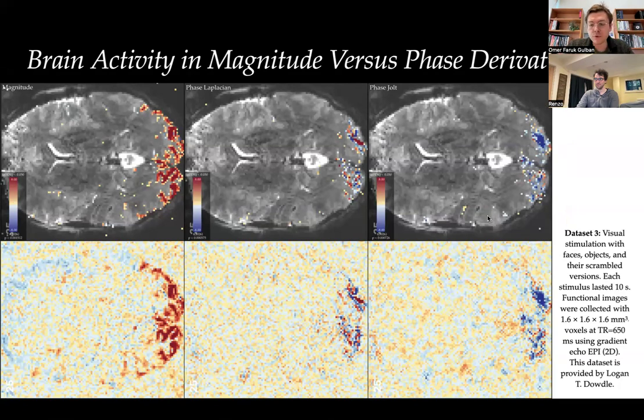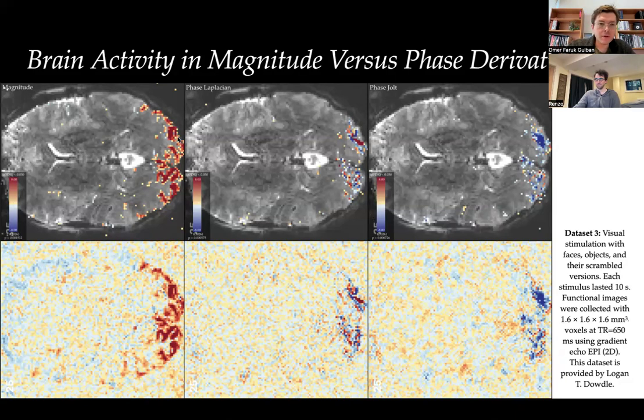So here, for instance, I'm looking at a totally different data set from a different lab, courtesy of Logan Dowdell, 1.6 millimeter isotropic at 7 Tesla, quite fast TR, 650 millisecond, 2D EPI. This is from CMRR, from our friends in Minneapolis. And you can see the resulting maps plotted in the same way, again T contrast between the visual stimulus versus rest.